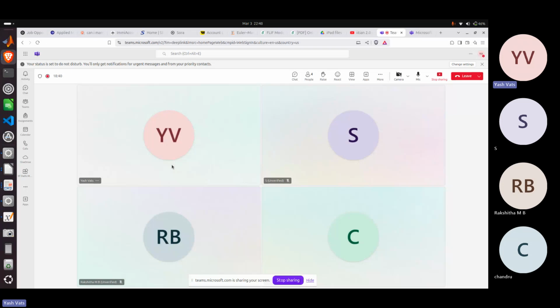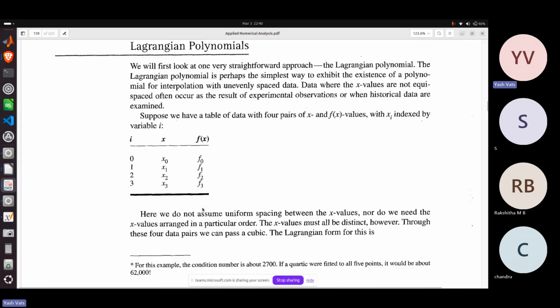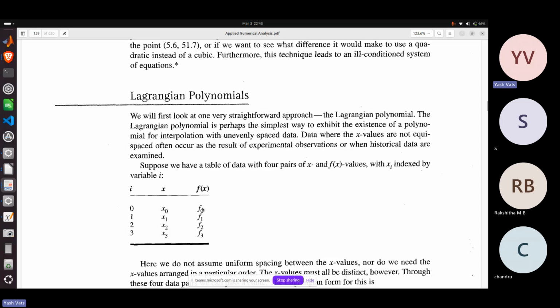I think it's just the basic formula that you have to use. But learning how this formula comes about would be interesting. Here, x naught, x1, x2, x3 may not be equidistant. They can be anything, like 1, 5, 6, 9.